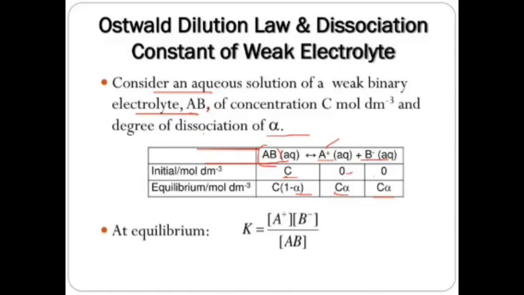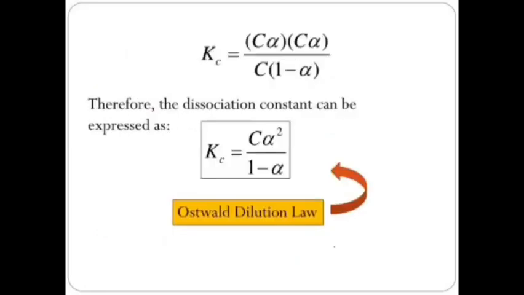Now Ostwald applied the law of mass action to this equilibrium equation. At equilibrium, according to the law of mass action, K is equal to the concentration of the products by the concentration of the reactants. Then substitute the concentration values.